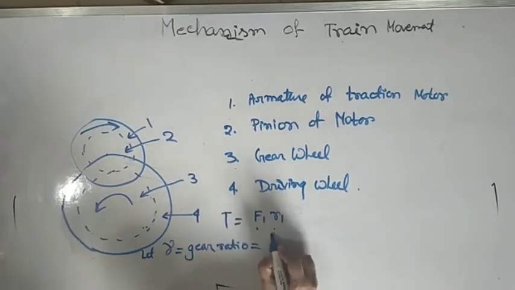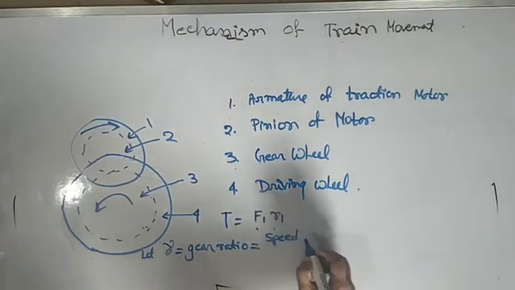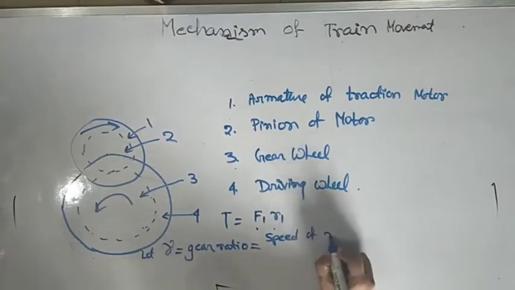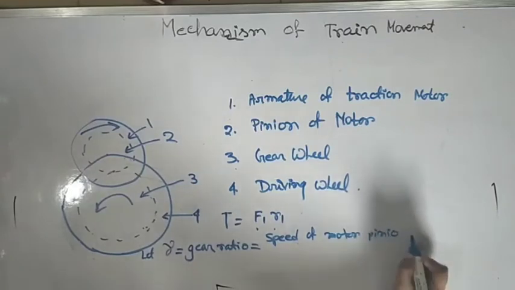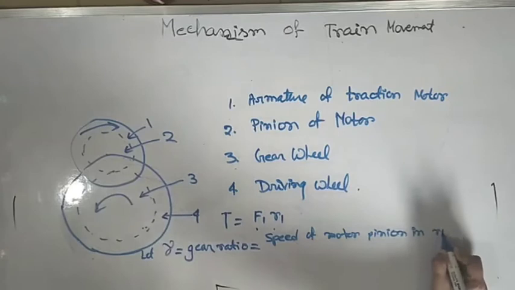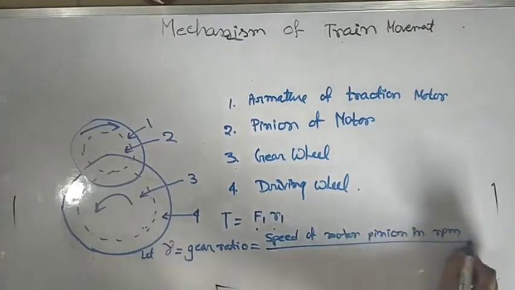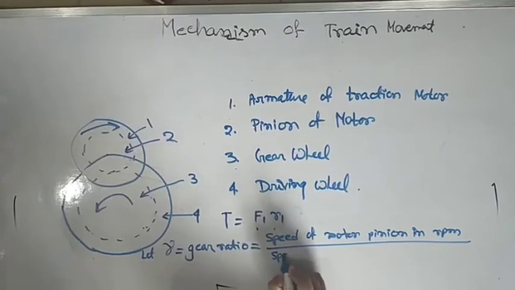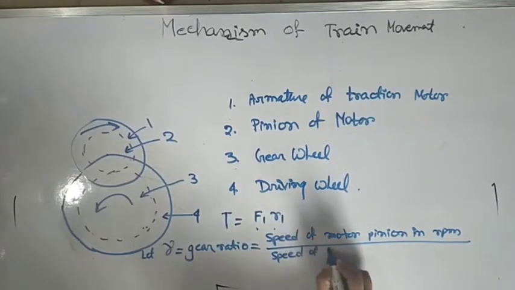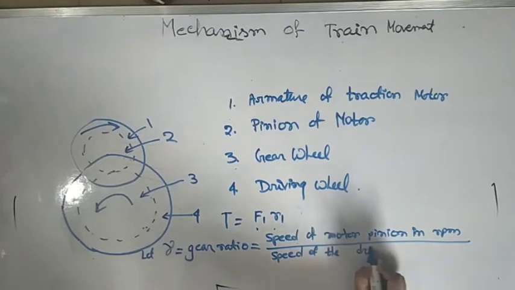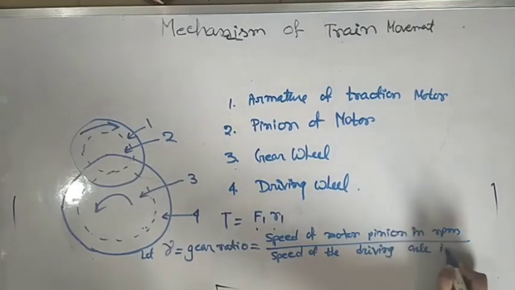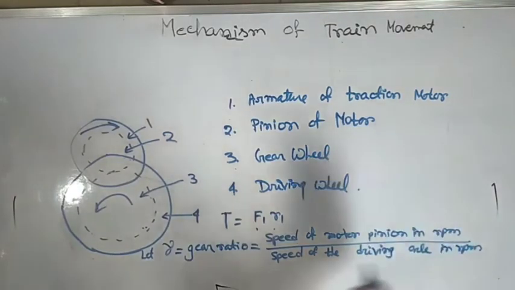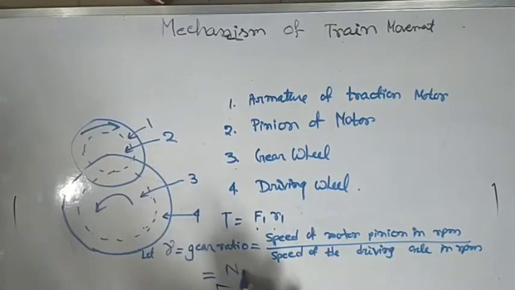Which is equal to the speed of the motor pinion in RPM by the speed of the driving axle in RPM, which is equal to capital N1 by capital N2.